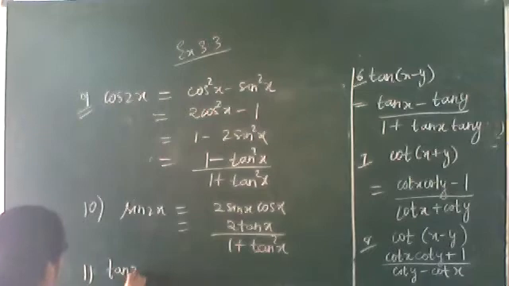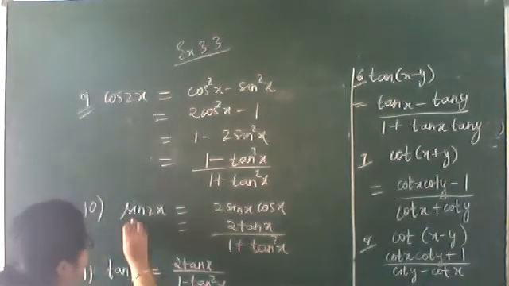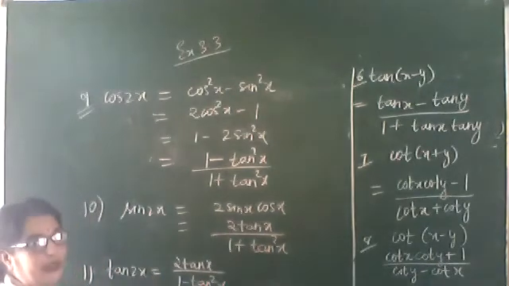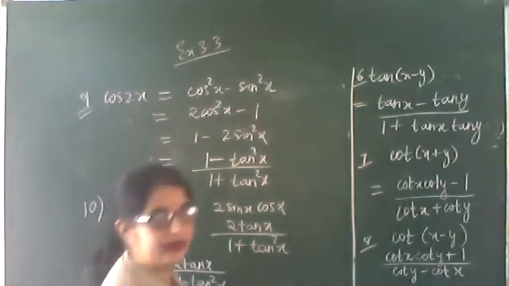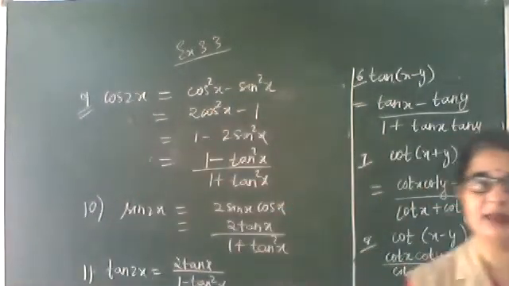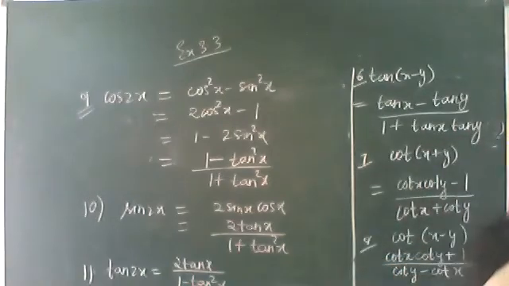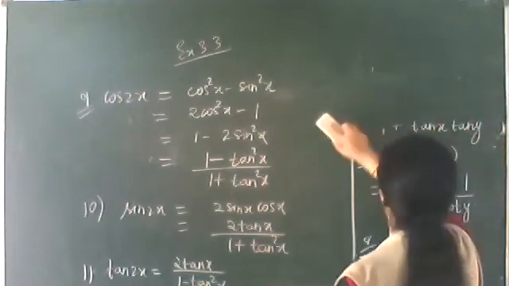Tan 2x can be written as 2 tan x upon 1 minus tan square x. Now just see, sin 2x is 2 tan x upon 1 plus tan square x. In the same way tan 2x is what? 2 tan x upon 1 minus tan square x. Is it visible? Clear? Then your next formula, we'll rub this side.